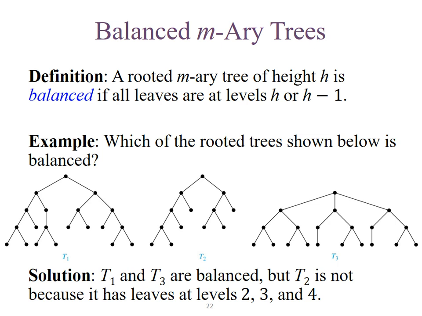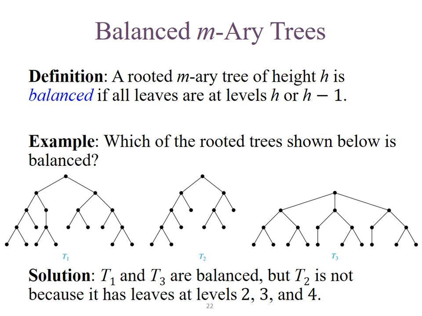So what's the definition of a binary tree? For any internal vertex, it has at most 2 children. So that means you can have 1 child or 2 children, right? In this case, the internal vertex has only 1 child, so it follows the definition of a binary tree, right?